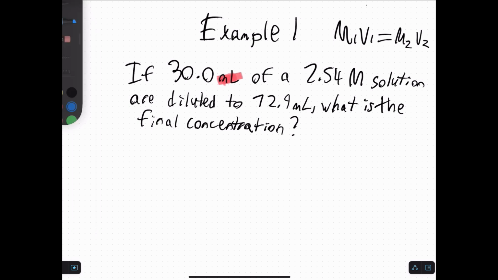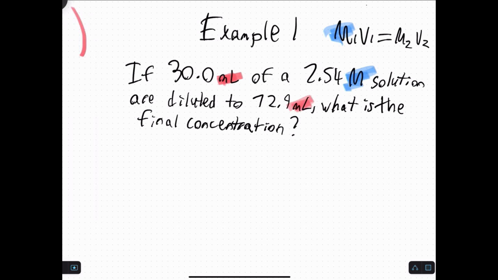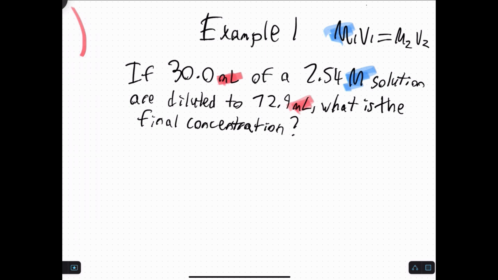M probably stands for molarity, considering you have molar right here. And then for our last one, milliliters, is volume again. So we have all of that sorted out, and now we know how we want to insert this into the problem. These are closest to each other, so I'd insert them on one side.